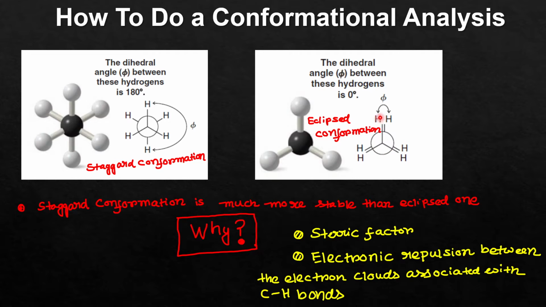Due to the very small distance between these two hydrogen atoms, there will be electronic repulsion between them. You know that there is some electron cloud surrounding these hydrogen atoms. As these two hydrogen atoms are very close to each other in the eclipsed conformation, they are basically repelled. This type of force is called London repulsion force.